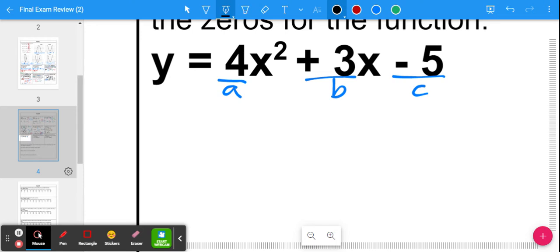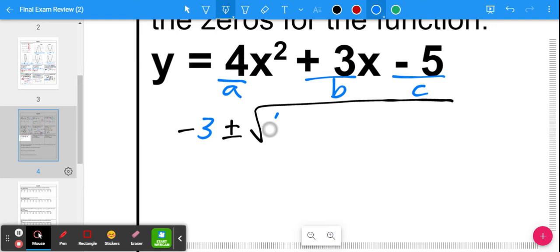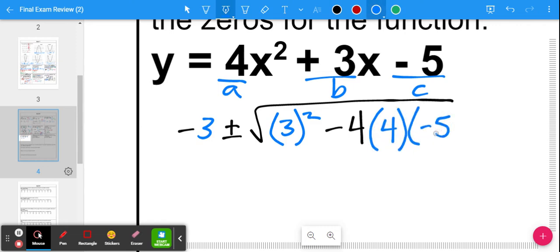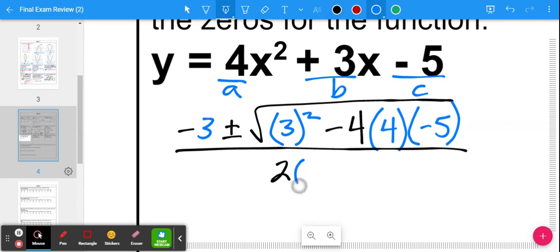So we have negative b plus or minus the square root of b squared minus 4 times a times c, all divided by 2 times a.